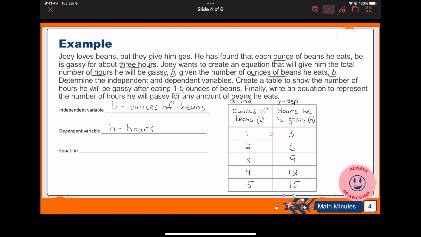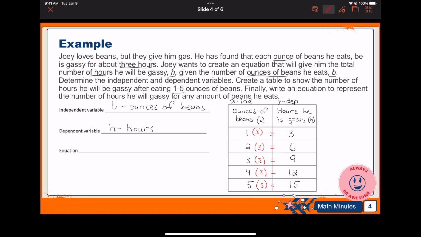And the answer is that I'm multiplying by 3, because I see that for every ounce of beans he eats, he's gassy for 3 hours. So if I just take 1 times 3, I get 3, right? If he eats 2 ounces of beans, 3 hours for each ounce, 2 times 3 gives me 6, right? So now that I see that relationship is there, it's staying constant, right? I'm just multiplying by 3 for each ounce of beans that he eats.